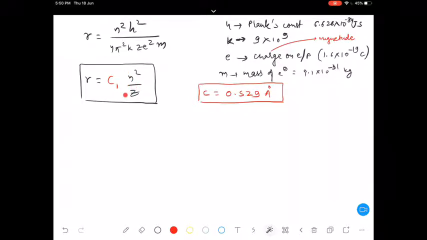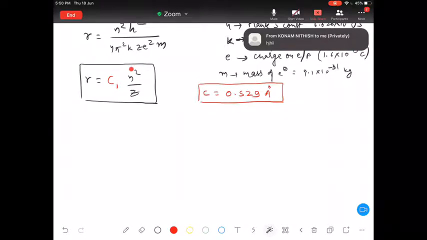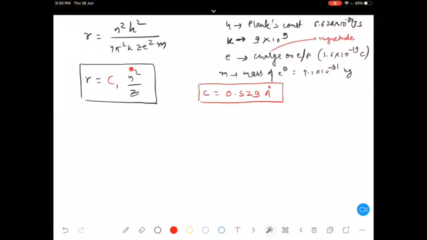Now for a particular element, r will be directly proportional to n square. Like for hydrogen, the radius of different orbits will be directly proportional to n square, meaning it will increase exponentially with an increase in the number of shells, correct?